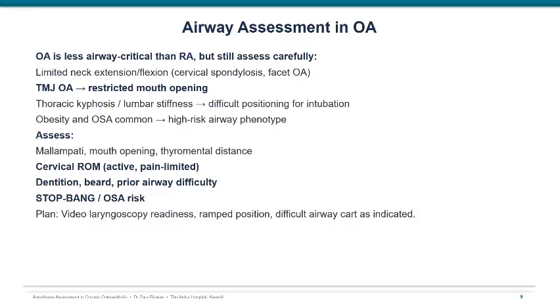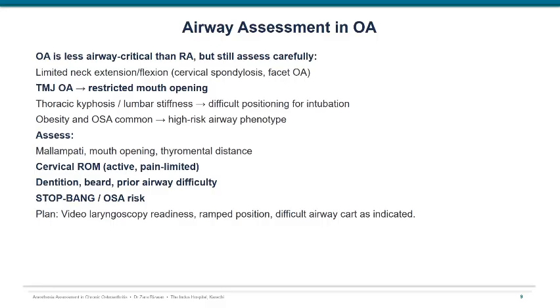There are some patients who have thoracic kyphosis as well as lumbar stiffness that results in difficult positioning for intubation and anticipated difficult airway. Obesity and OSA are highly common in these situations, and that is also going to result in a high risk airway. We need to assess them for Mallampati, mouth opening, thyromental distance.